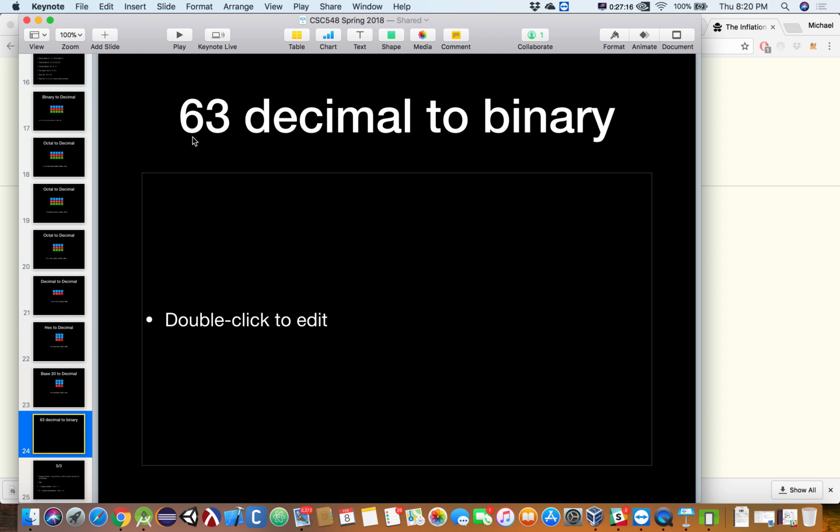All right, so the way we're going to accomplish this, we're going to take 63, and because we're going to base 2, we're going to divide that by 2.